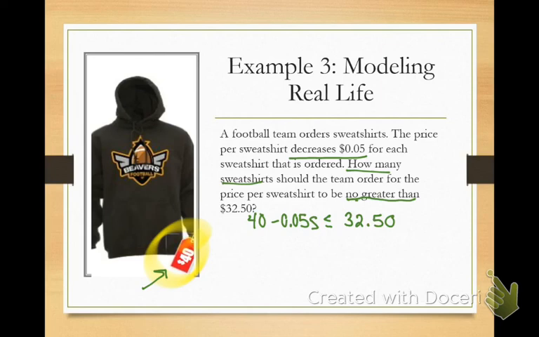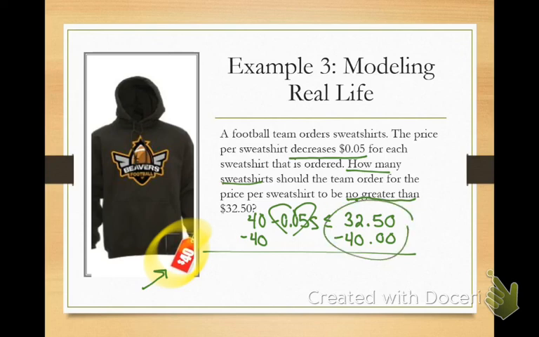All right, so where does my heart go? Around the negative 0.05s. How do I get 40, Emily, to cancel to the other side? You have to add 40. Not add, because it's already a positive. Subtract 40 from both sides, okay? Now, remember, when I'm subtracting these values, I do have to subtract the 40 minus the 32.5.